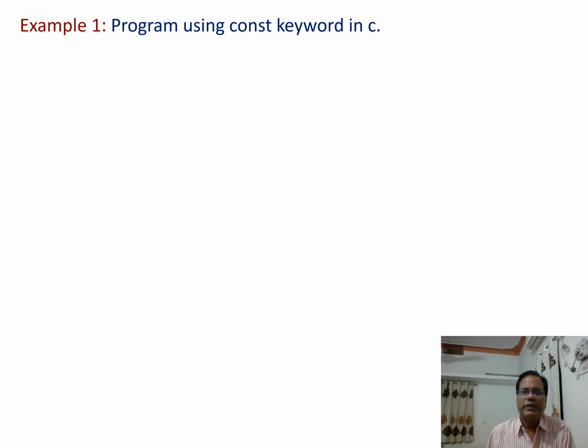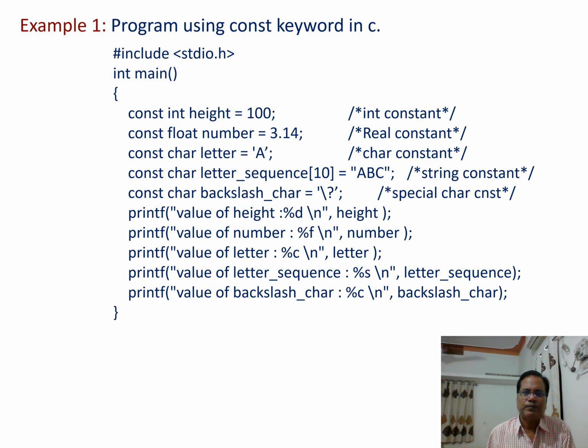Let us see the first example: a program using the const keyword in C. In this program, a number of constants have been defined and declared and their values assigned, using the const keyword.